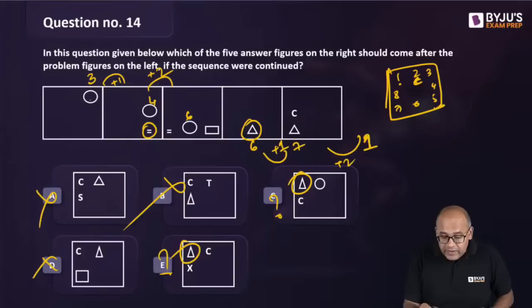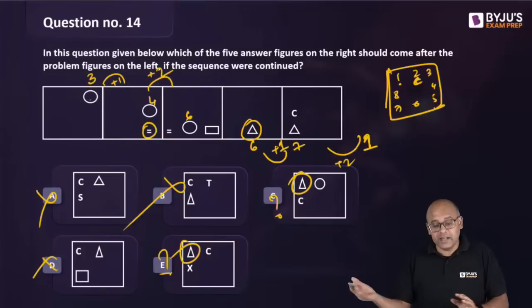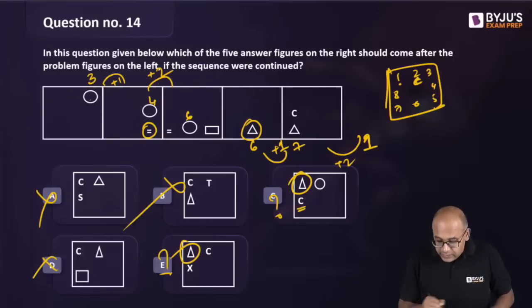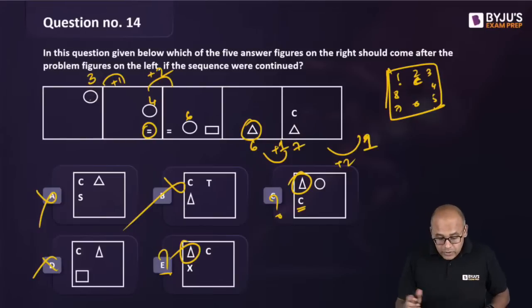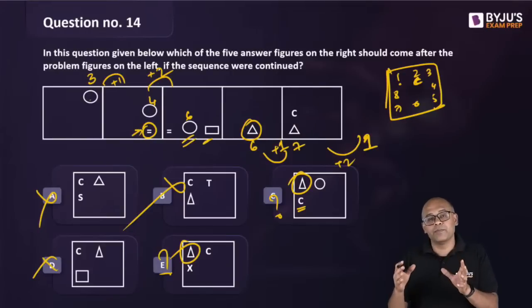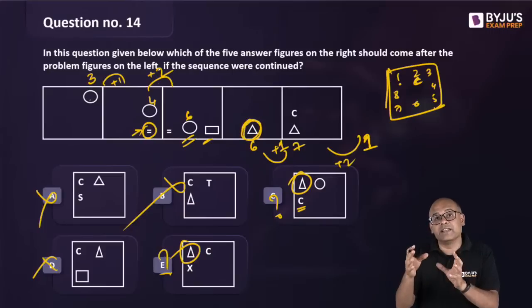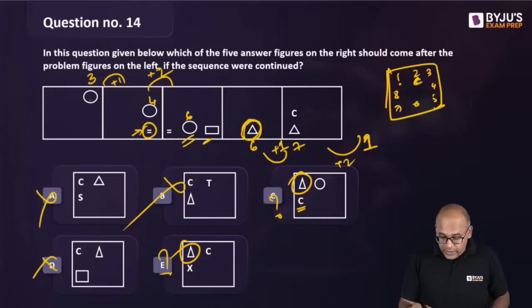Yeah, the third one is given at the back. The third one is given at the back. So this is your C. The new one is coming at the back. So if you notice what is happening here, 1 at the front, 1 at the back for the circle. So circle is remaining in the center. Similarly, the triangle should be in the center. 1 front, 1 back. Okay, so that's C and O.